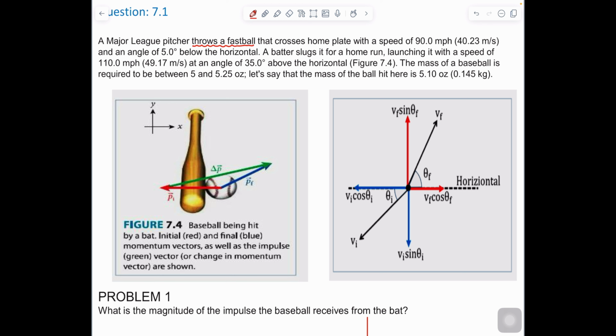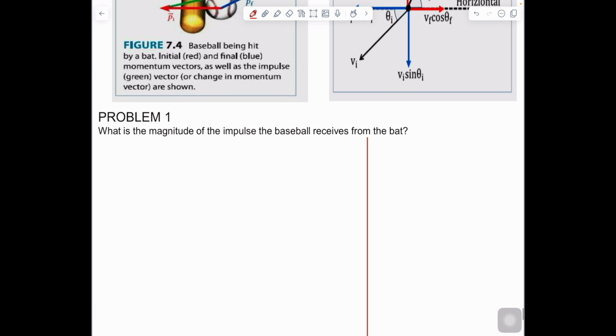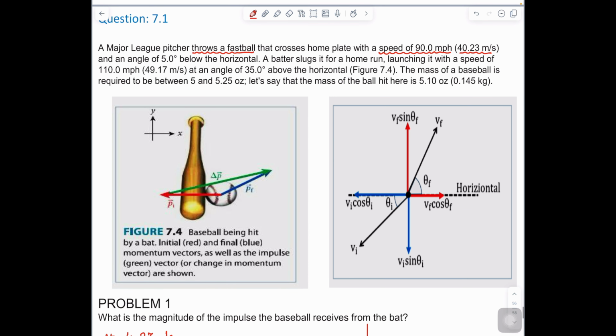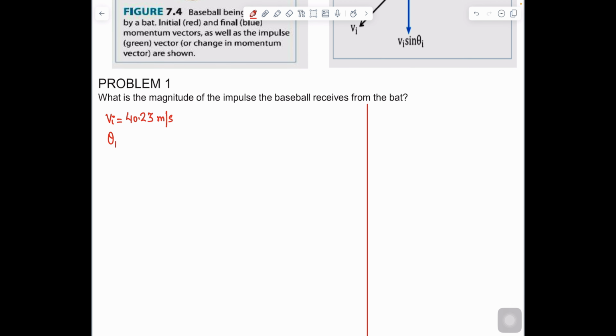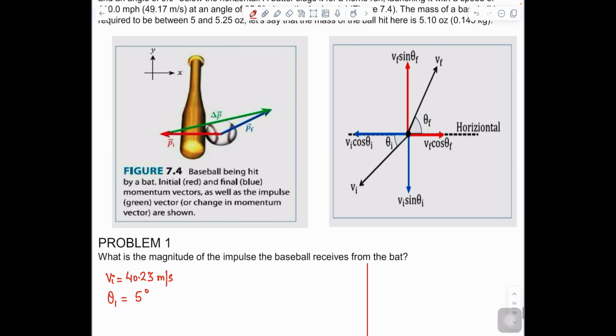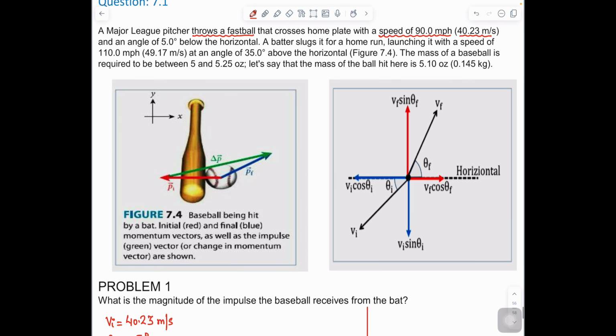There is a player who throws a ball towards the batsman that crosses home plate with a speed of 90 miles per hour. The velocity is given, so v initial is 40.23 meter per second, and an angle of 5 degrees, so theta 1 is equal to 5 degrees below the horizontal. This is the keyword: below the horizontal.